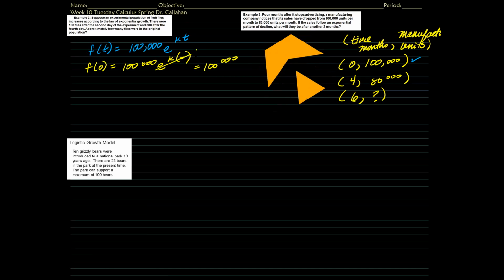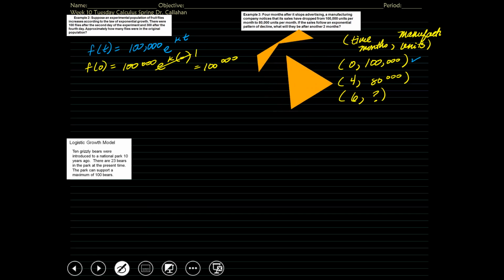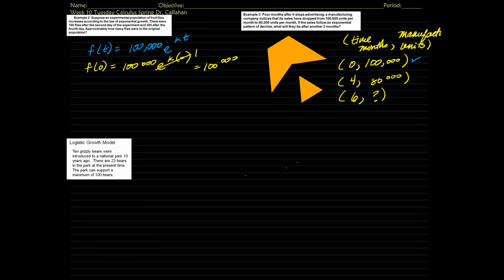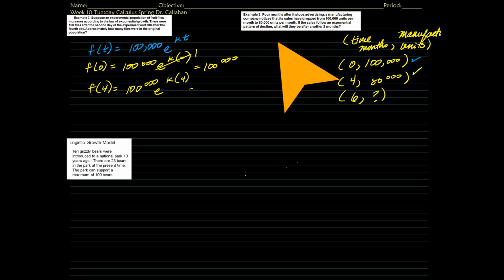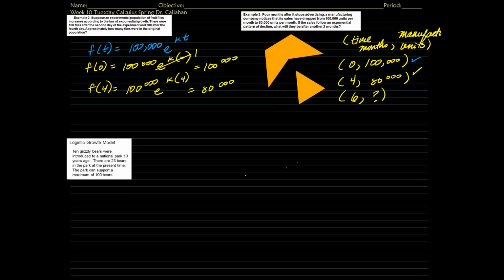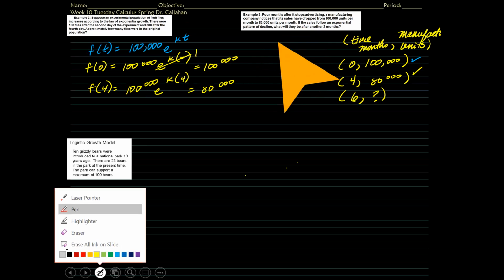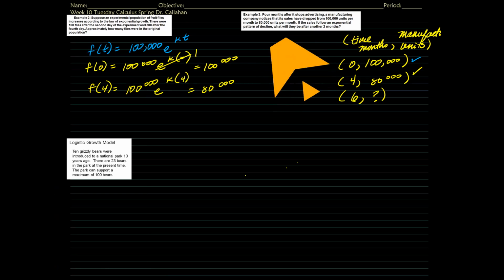This entire thing becomes 1. So I just essentially have 100,000 equals 100,000. Then I do the second point, which is f of 4, and that gives me 100,000 e to the k times 4 equals 80,000. So the first equation doesn't do anything for me, but the second equation, I can go ahead and work with.